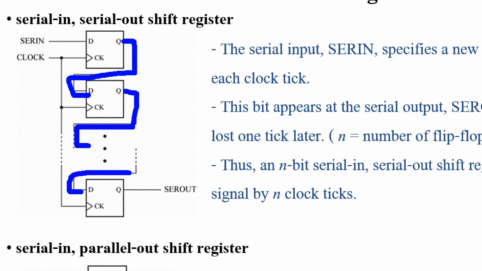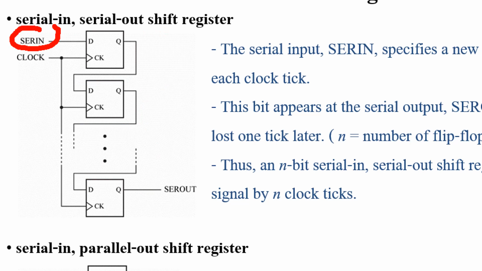So when the clock ticks, the data from serial in updates this position, this data updates the next one, and so on. If you read data only 1 bit, it's serial in, and if you use only 1 bit output, it's serial out. Very easy.